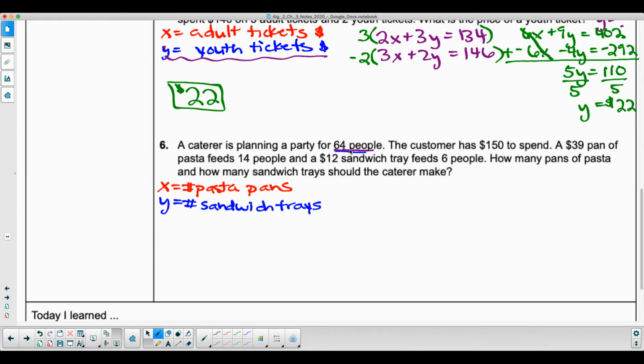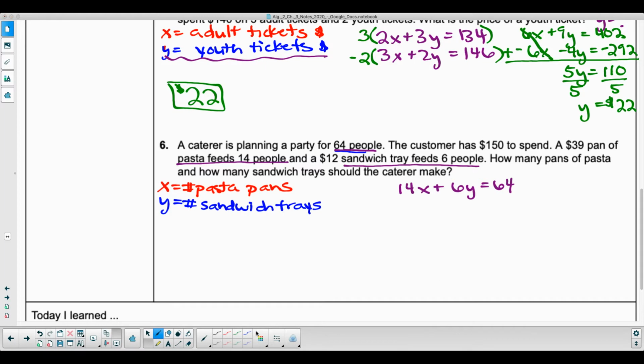So 64 people, we know the pasta feeds 14 and the sandwich feeds 6. So 14 times the number of pasta pans plus 6 times the number of sandwich trays has to add up to 64.